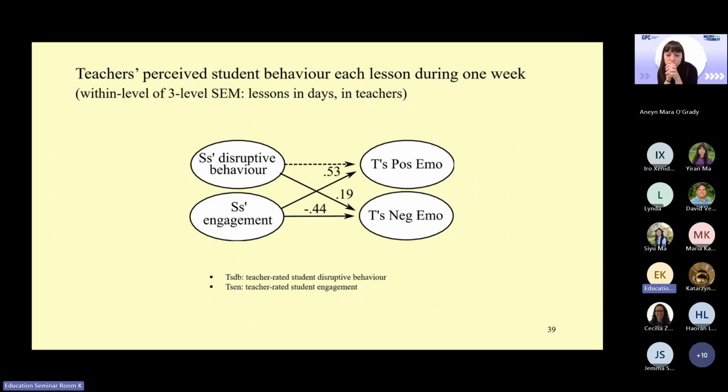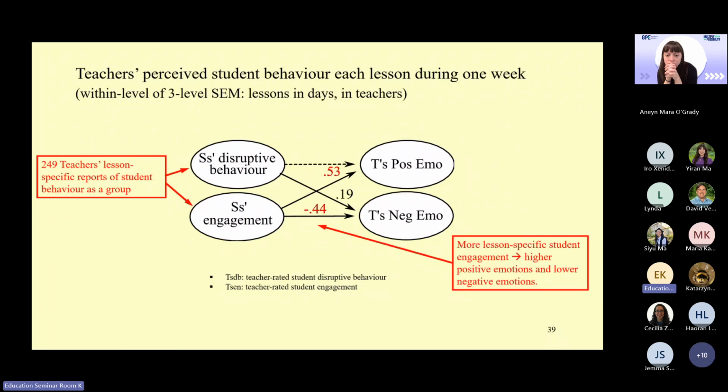So when we look at the way teachers see what's happening in classrooms at the situation level, so this is the lowest level in the model, we see that teacher perceptions of students' disruptive behavior and students' engagement predicted higher positive emotions and lower negative emotions of the teacher, since it's the teacher's self-report.